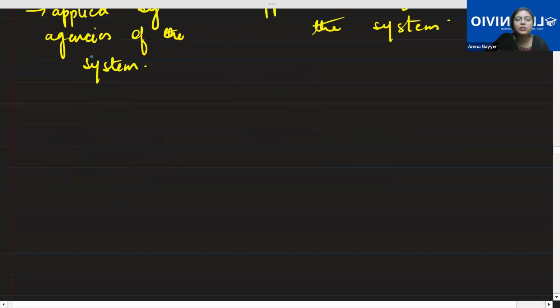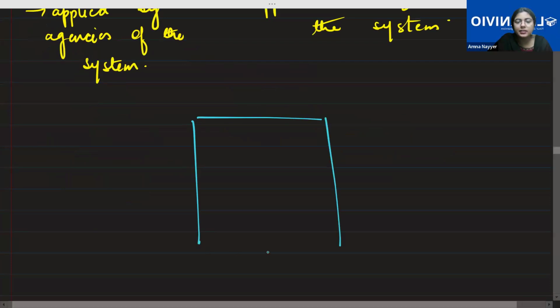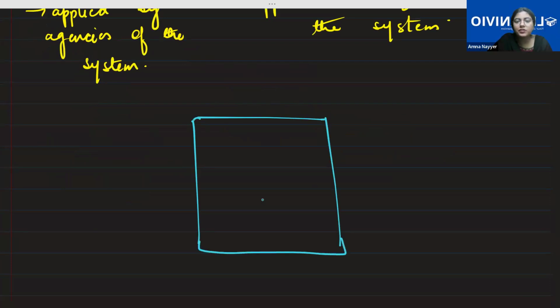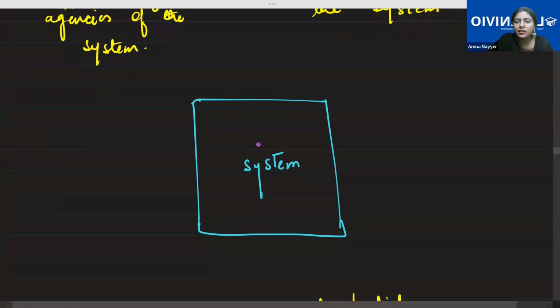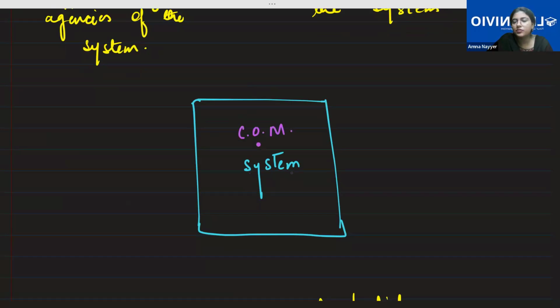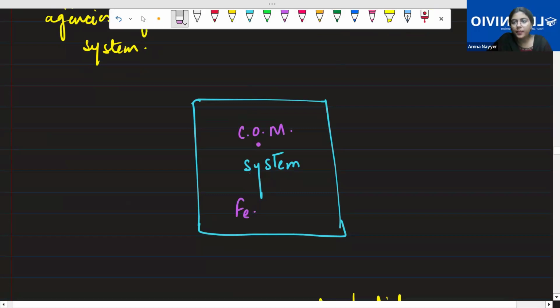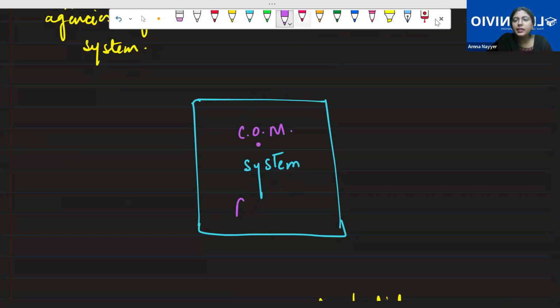So here also, if you have a system present, system means the part which is under observation. Let's say this is our system, and let's say here is the center of mass of the system, and there is internal force acting within the system.